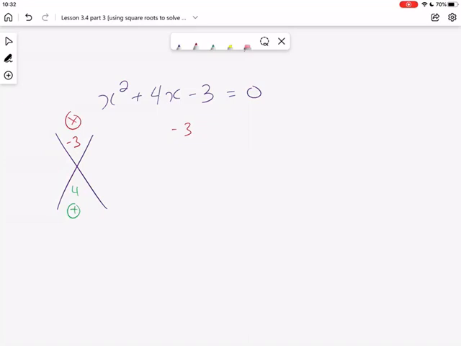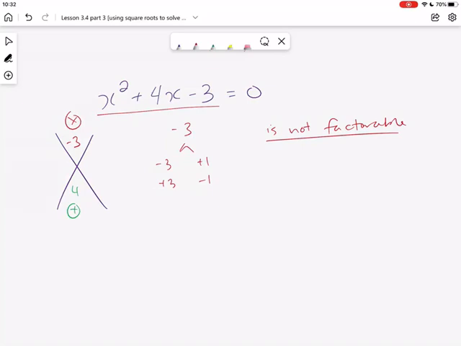Well, the factors of -3 are -3 and +1, or +3 and -1. Neither of those options gives me a sum of 4. So here we've got a quadratic equation, and the expression on the left-hand side is not factorable.